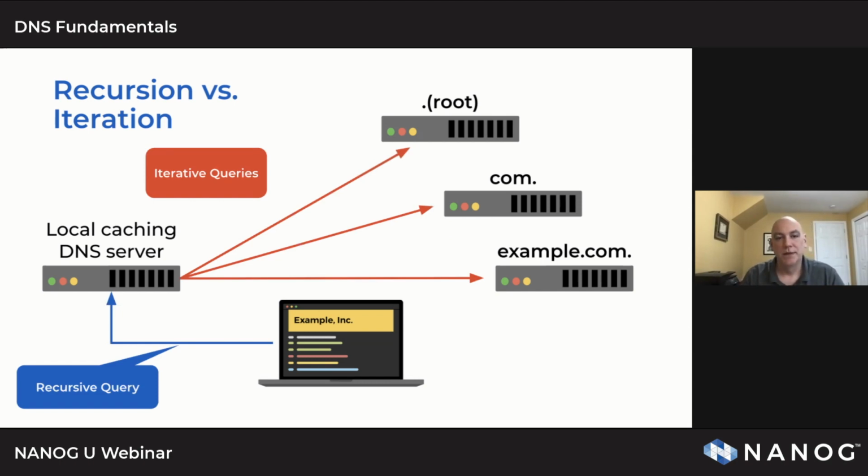So in DNS terminology, what we would say is this client sent one recursive query. So the one query that came in was recursive. These other ones are called iterative queries. That's a hard one for me. But yeah, in DNS terminology, this is what we talk about. You'll hear a lot about recursive queries.